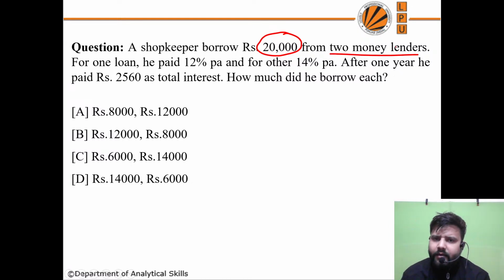It does not mean 20,000 each. It means a total of 20,000 was borrowed. We don't know how much from one lender and how much from the second. The first one was at 12% per annum and the second at 14% per annum, the time period given is 1 year, and the interest he paid to both is 2560.